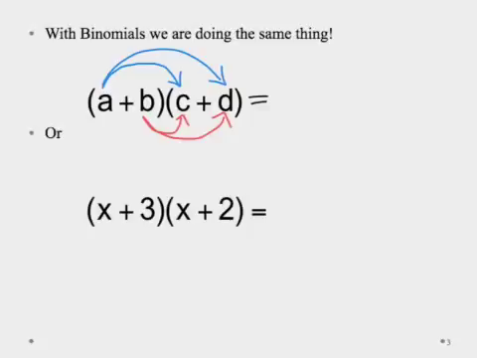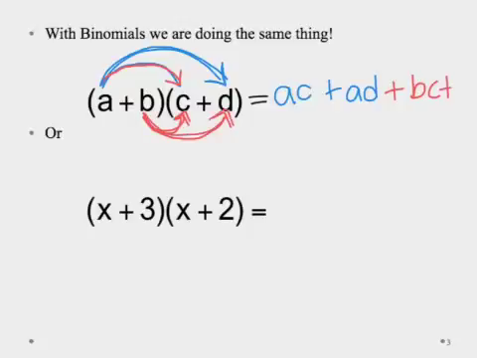We end up with A times C, which is AC, plus A times D, AD. Then we have plus B times C, BC, and B times D, BD. And that's our answer.